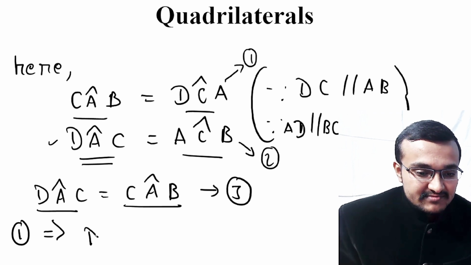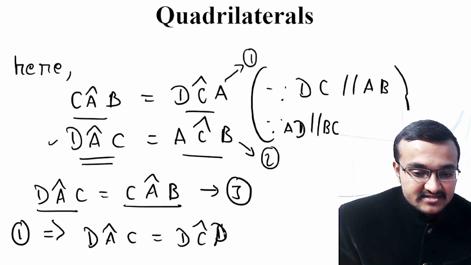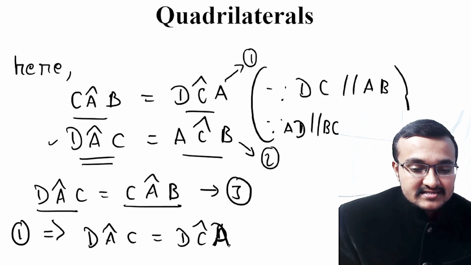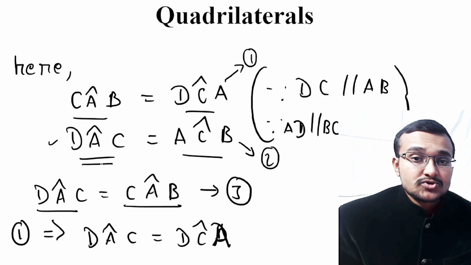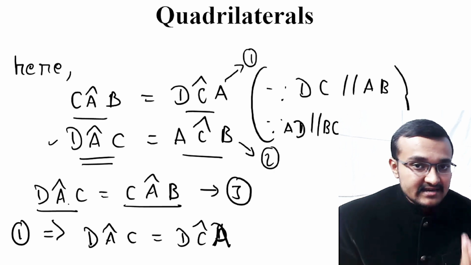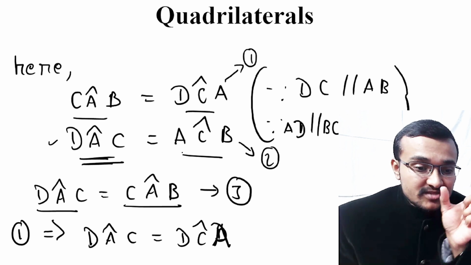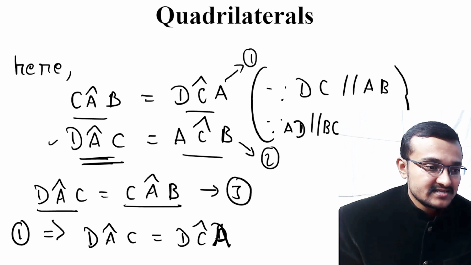So DAC is equal to DCA. Now we have got the first equation, that is DAC is equal to DCA. Now I will rewrite the second equation as well. In the third equation, whatever they have given in the question, DAC is equal to CAB. And in the second equation, we have DAC is equal to ACB. So in the place of DAC, I'll substitute CAB.